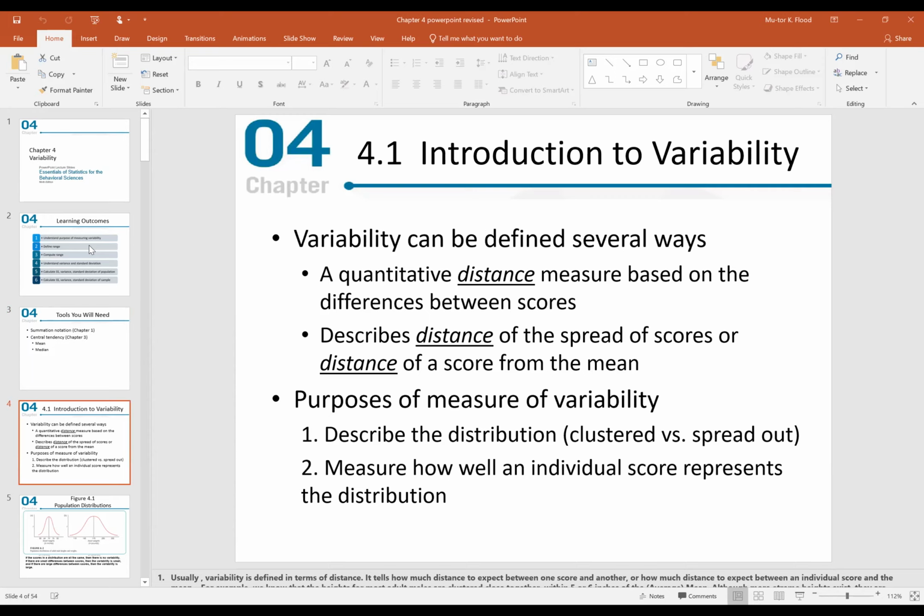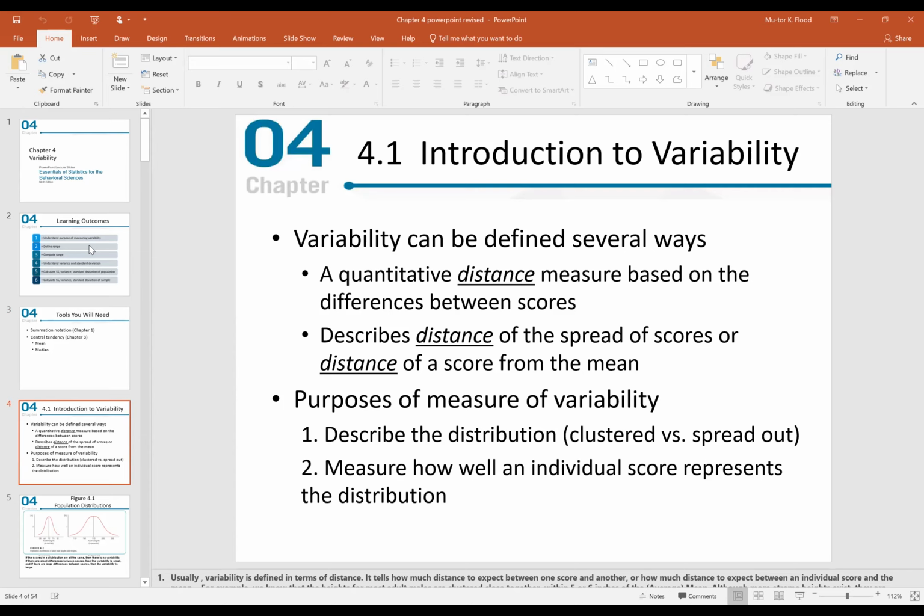So an introduction to variability. Variability, we could define it in a couple of different ways, right? If you look at the word variability, the root word to that is variable, which means things that can change, right? So variability could be defined in a couple of ways. One is that it's a quantitative, numerical way to measure distance based on the differences between scores.